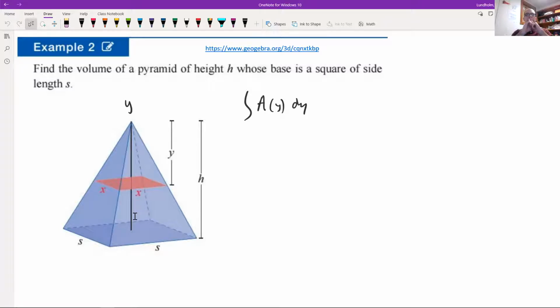So I think why we have this is because we're going to be able to use some proportions here. We've got some similar triangles going on.